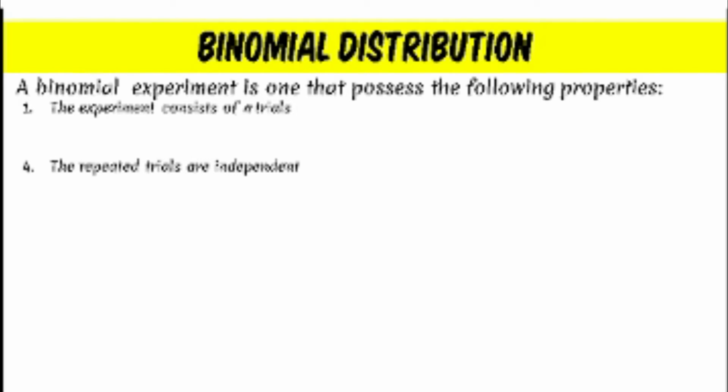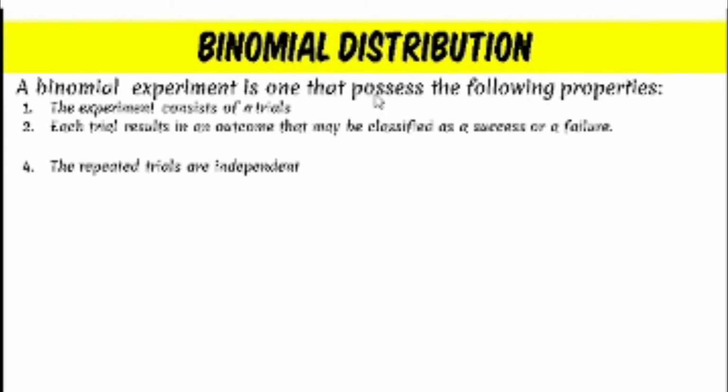We have the classic ones like tossing a coin. If you toss a coin 10 times, the experiment there is tossing a coin and the number of trials is 10. Number two, each trial result is an outcome that may be classified as a success or a failure.